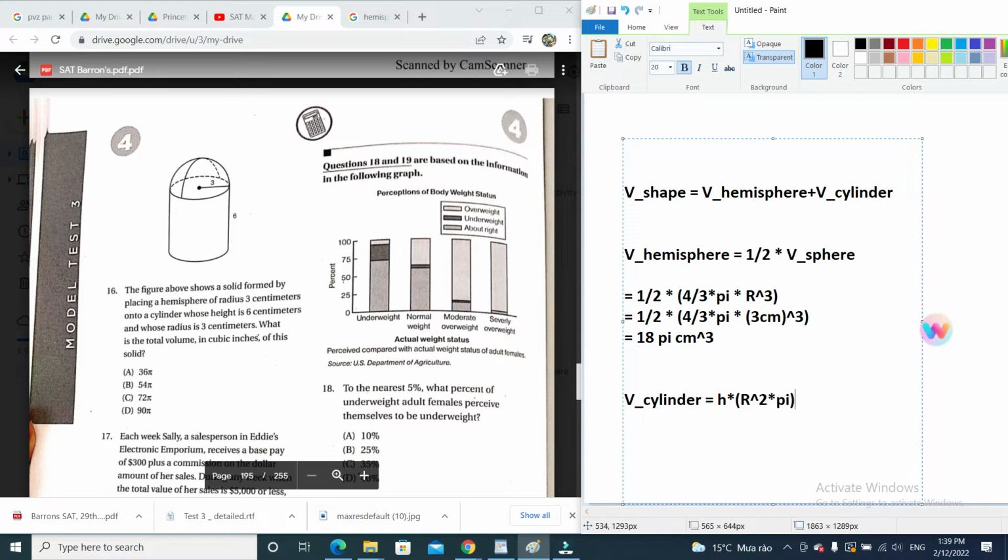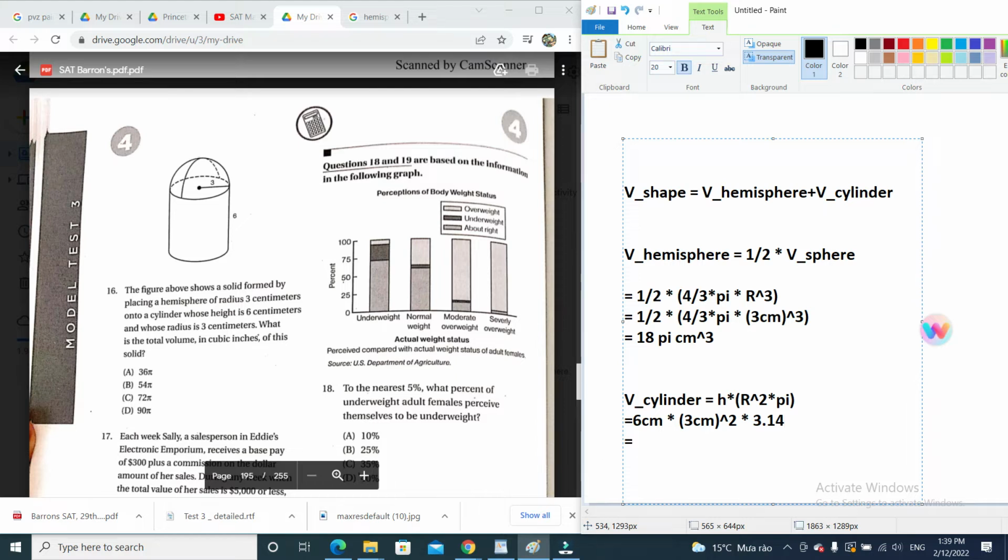The h is 6 centimeters, times the radius squared, which is 3 centimeters squared, times pi, which is 3.14 roughly.